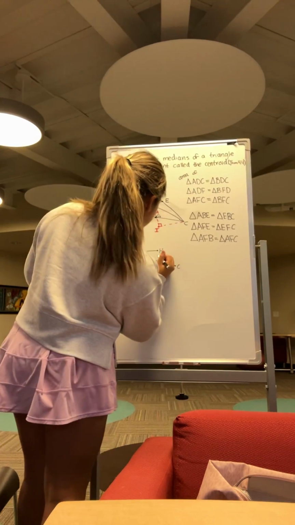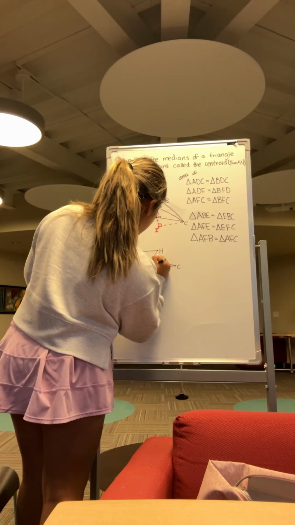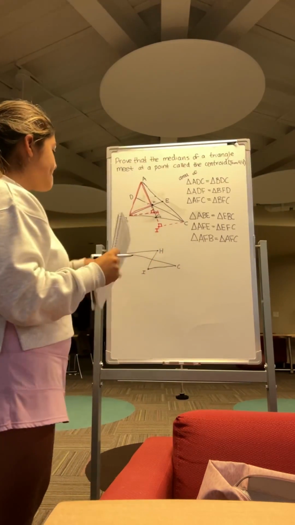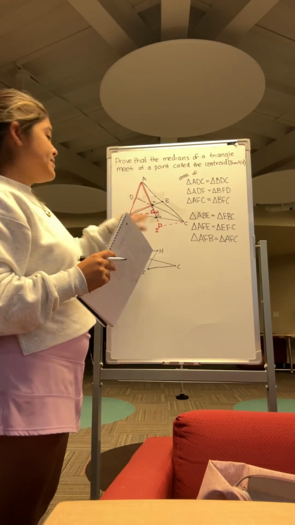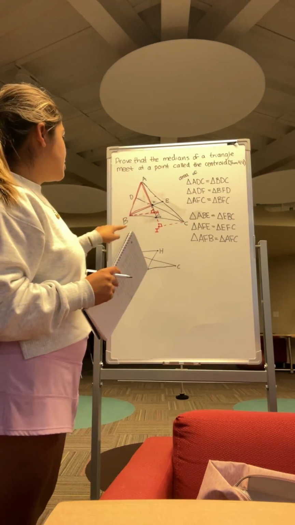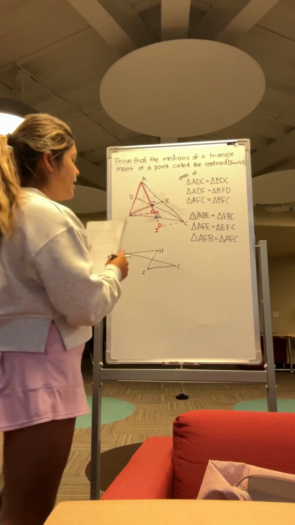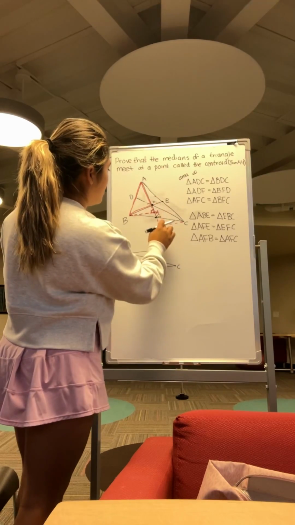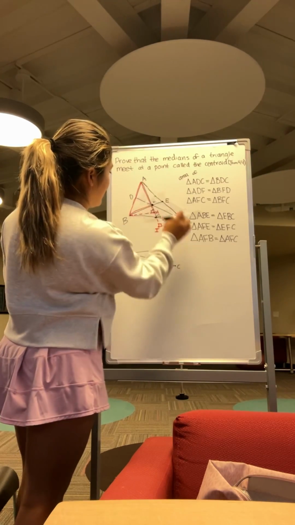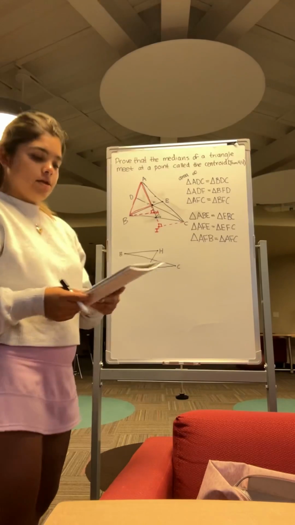Okay, and here we have it like that. So this BH is the height of triangle BAF, and then IC is also the height of triangle FAC.